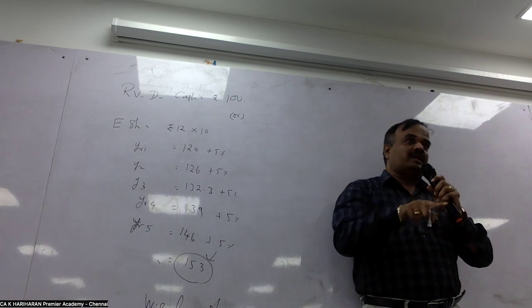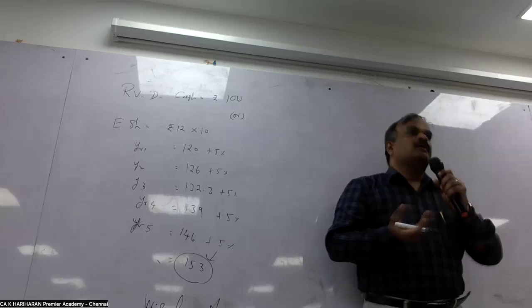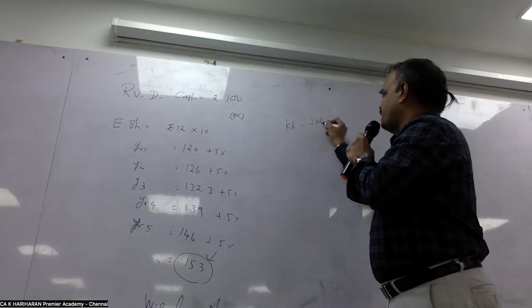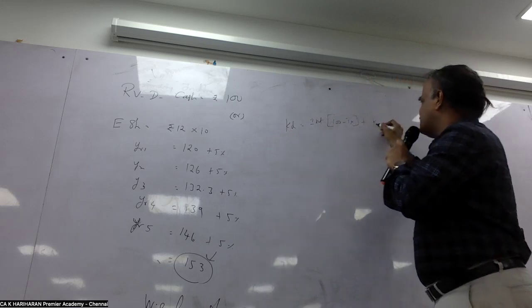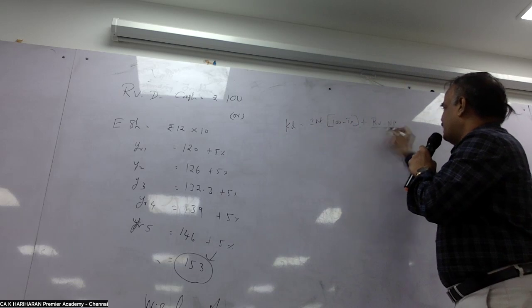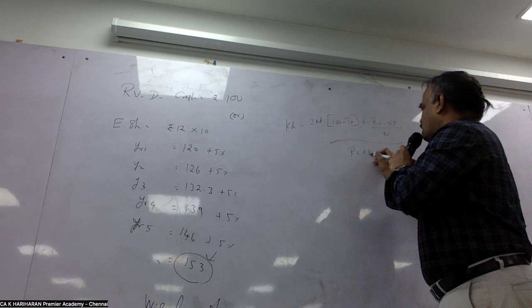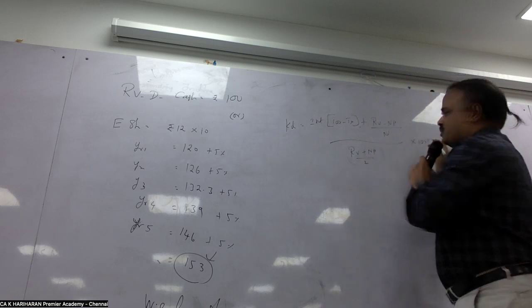What is the formula for KD? KD is equal to interest into (100 minus tax rate) plus (RV minus NP) divided by 5 years, divided by (RV plus NP) by 2. We have the interest in terms of the base.